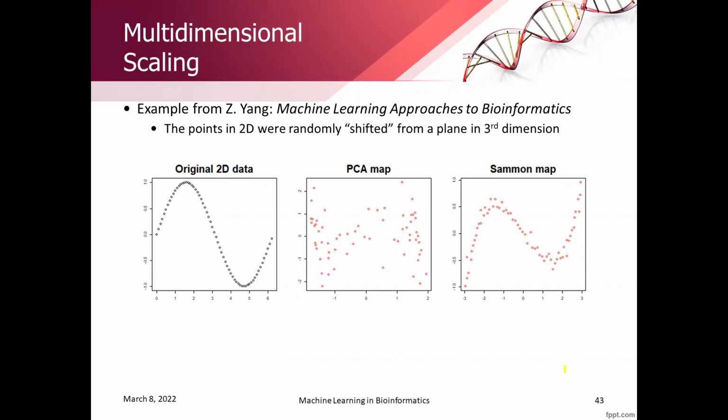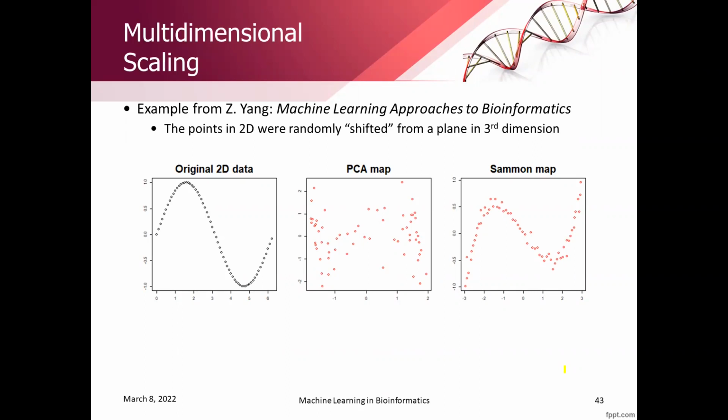This is a sine function, but the data was a sine function, and then we added the third dimension by adding some random value. This is the view if we look from above on the three-dimensional set. If we look from above, we see a nice form of the sine.